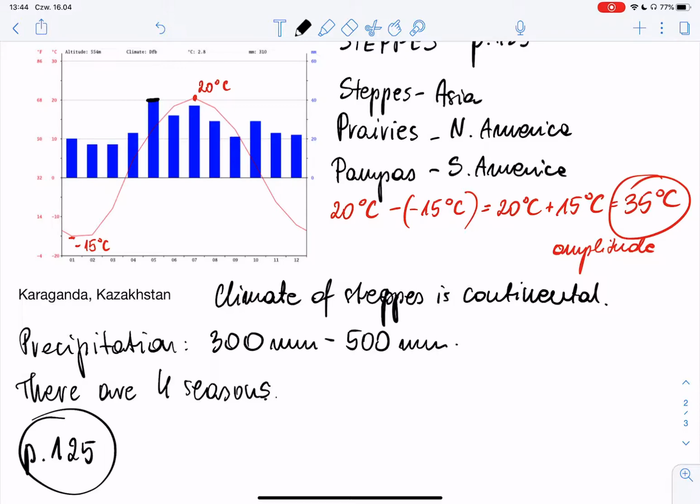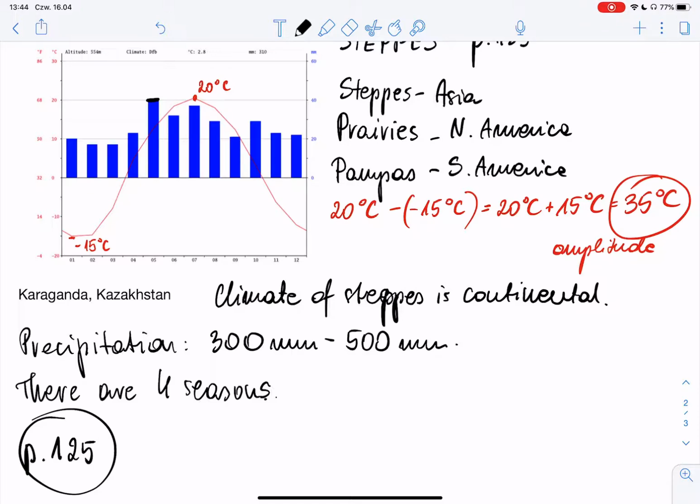In the past, steppes were home to big herbivorous mammals, such as bisons, and you have a picture of a bison on page 124 to the right of the text. But people just made them almost go extinct, so their population shrank dramatically.